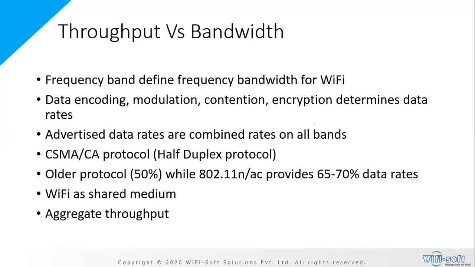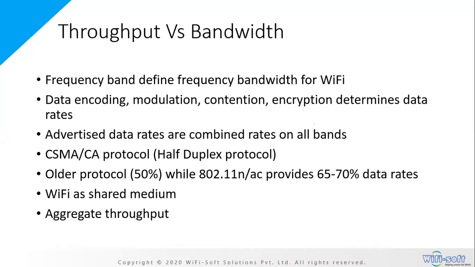So what is an ideal scenario? You have an access point and your device is right next to it, and there is no other interference nearby, as in you are in the middle of somewhere where there is no other Wi-Fi interference or any other radio interference. That's kind of an ideal or lab scenario, right? So when you're talking about 300 Mbps of data rate for an AC access point, you're getting in the range of 60 to 70% of the data rates by default, by the definition of how Wi-Fi works.